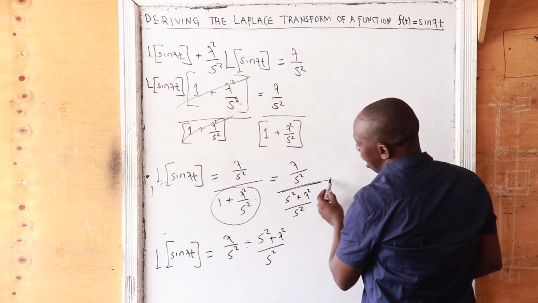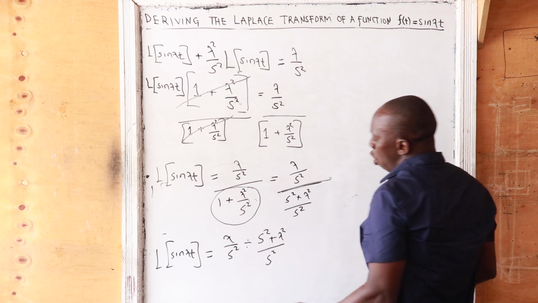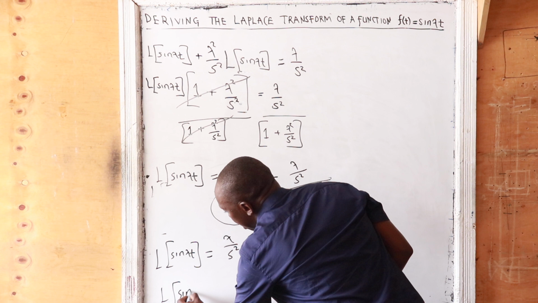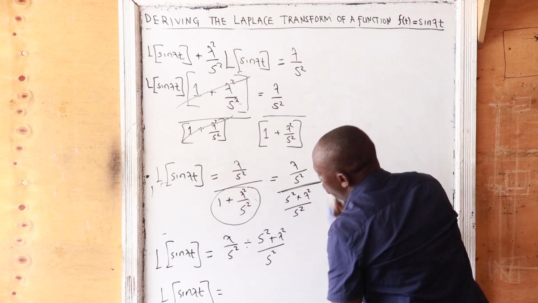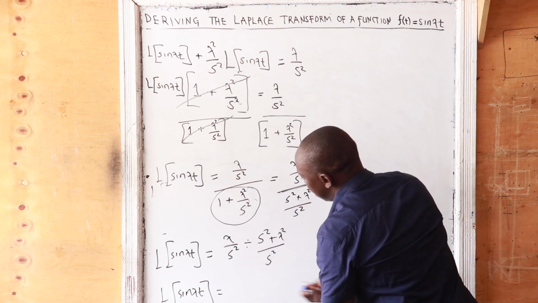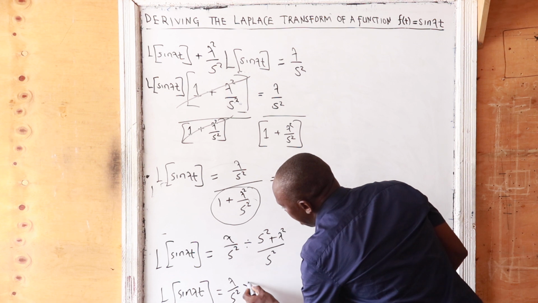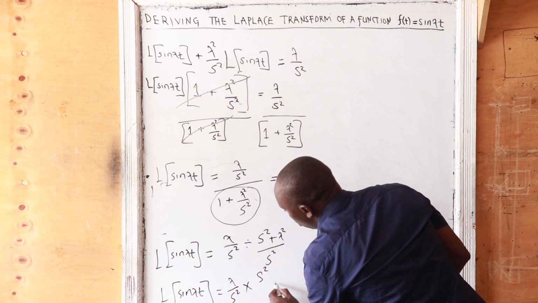Over means just divided by. When we divide, we multiply and invert our term: lambda over s squared times s squared all over s squared plus lambda squared.